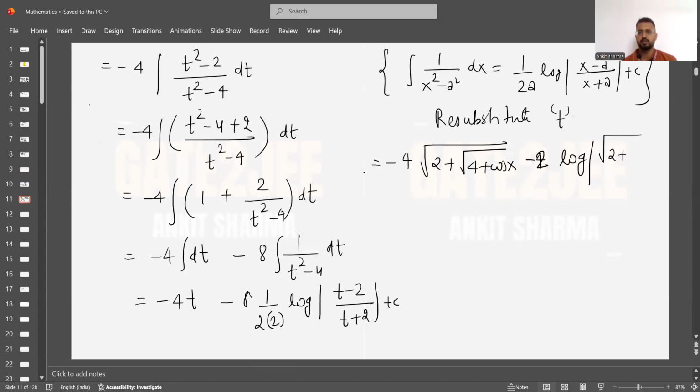So that will give me 2 plus root of 4 plus cos x, then minus 2. And here also the same thing. So root 2 plus root of 4 plus cos x plus 2. Then plus c. That completes this first part. Let's go for the next one.